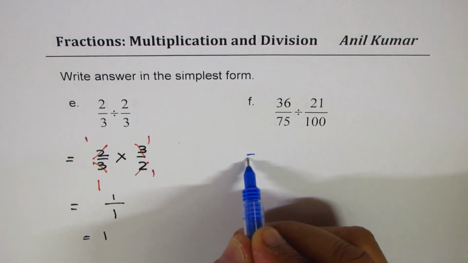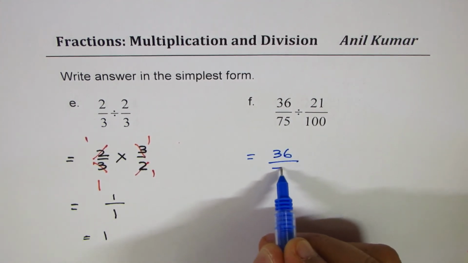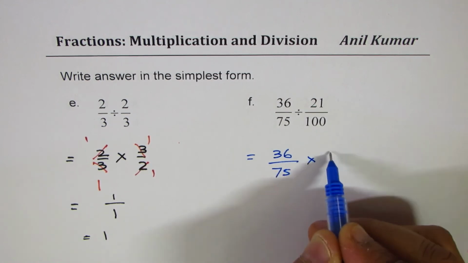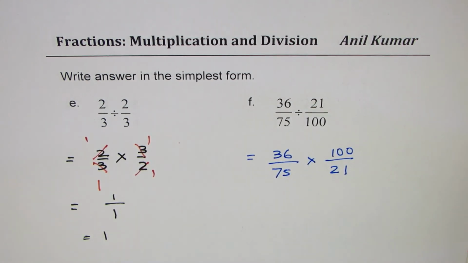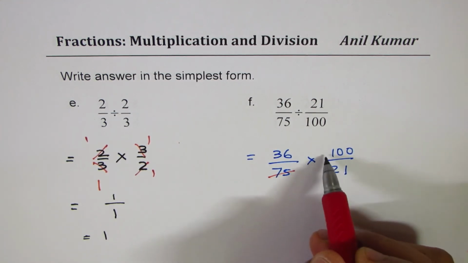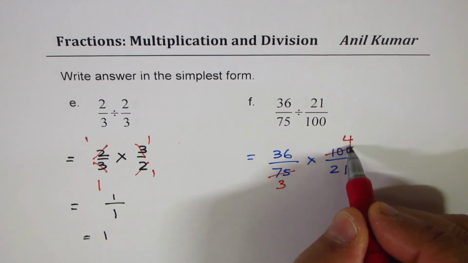So let's first step rewrite this as multiplication. 36 over 75 times 100 over 21. Can you simplify it? So try to simplify this and then check with my simplification. 75 and 25, you know, quarters, 3 quarters and 4 quarters.